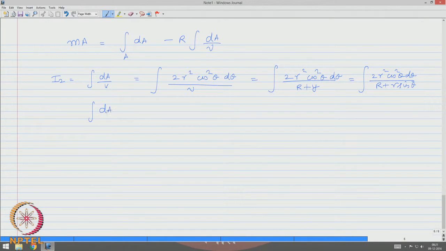Integral dA by v will be now integrated from the limits minus pi by 2 to plus pi by 2, 2 r square cos square theta d theta by R plus r sin theta.